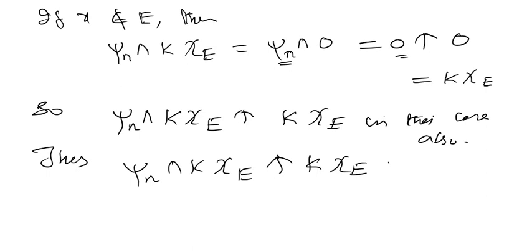Now you can apply theorem 17.6. By theorem 17.6, k times mu star of E, the limit of this sequence, is equal to the limit as n approaches infinity of the integral of the sequence.